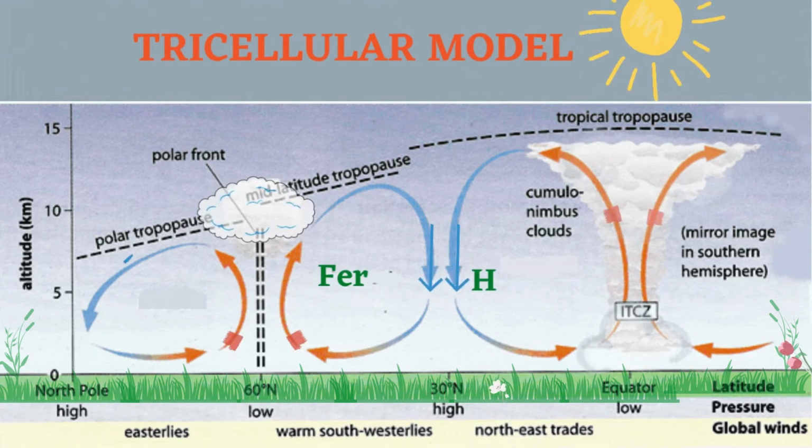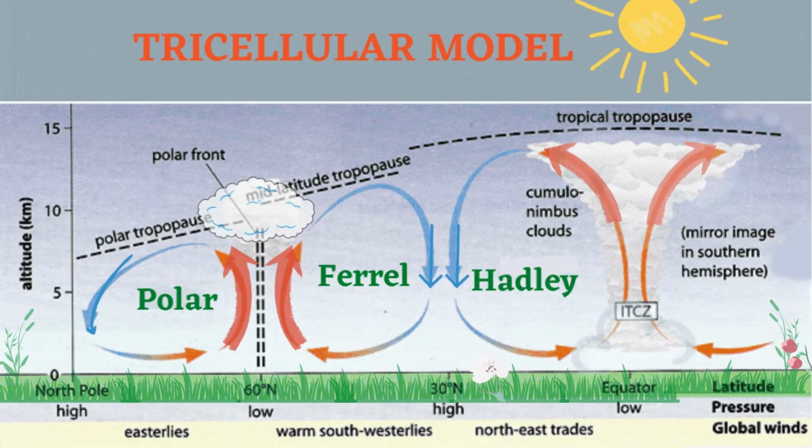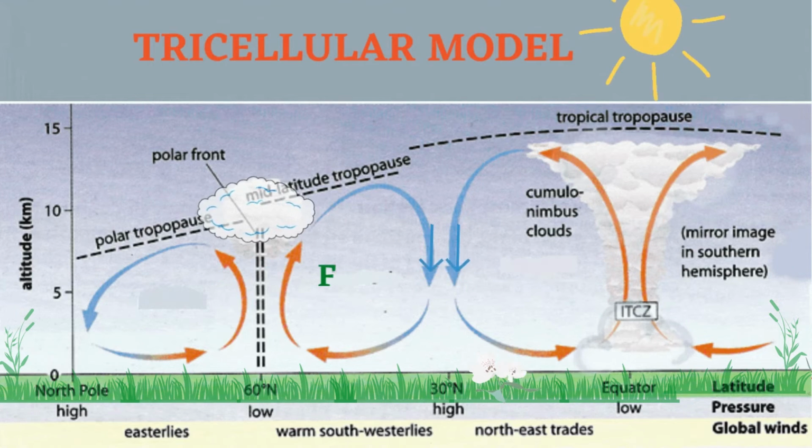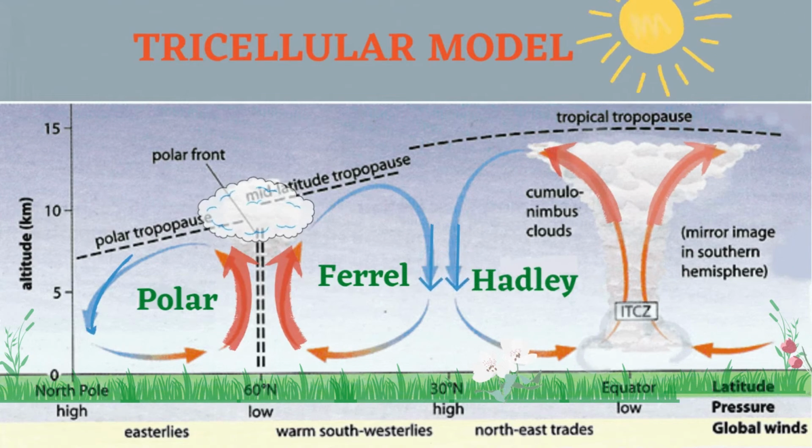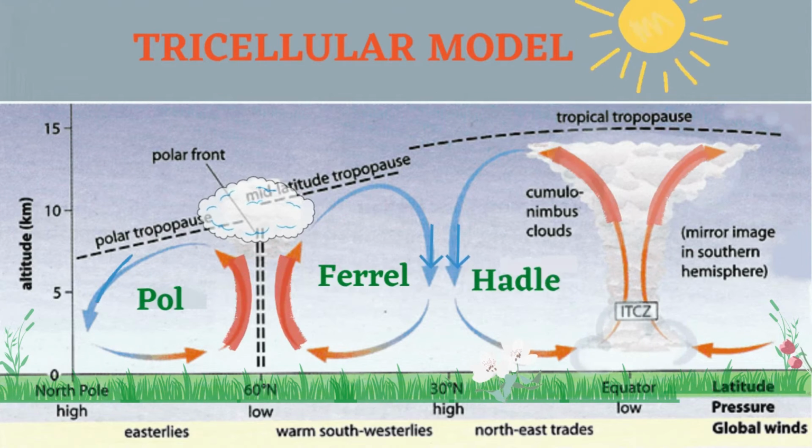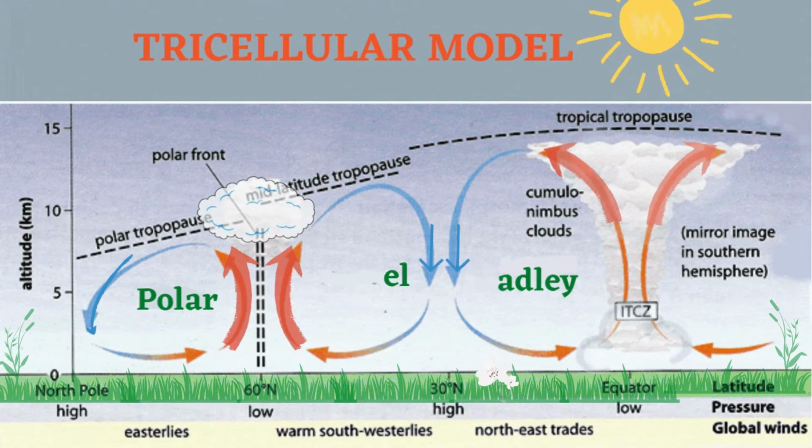The model also shows two belts of instability due to air rising. At the equator, the trade winds converge to form the ITCZ. This ITCZ influences places with equatorial climates, bringing them heavy rainfall.